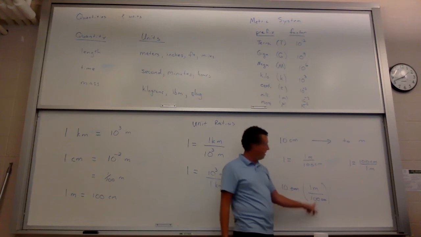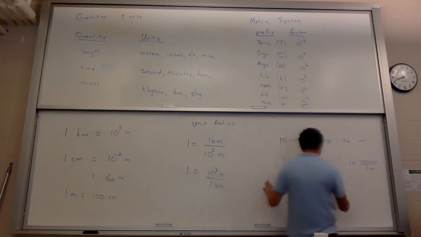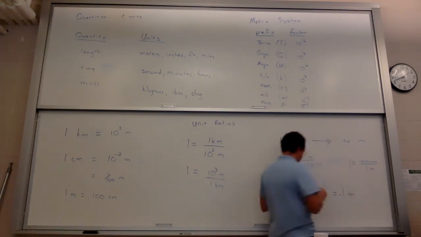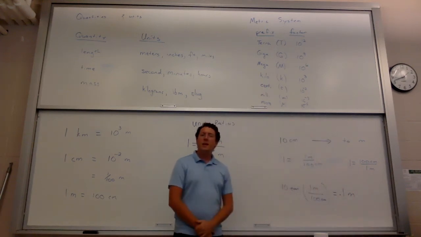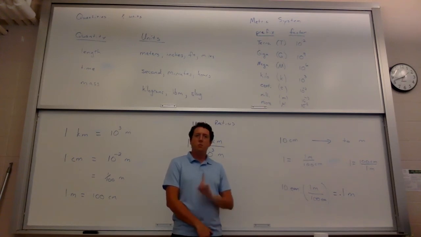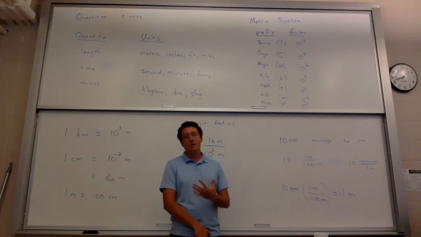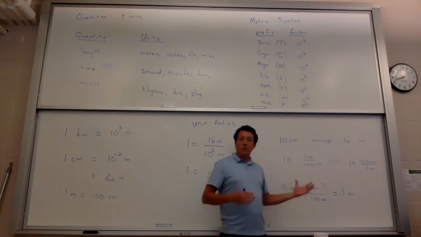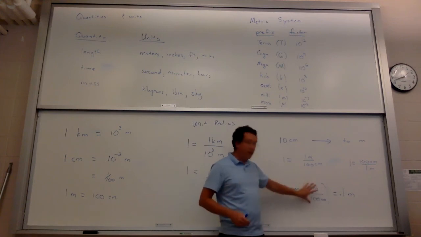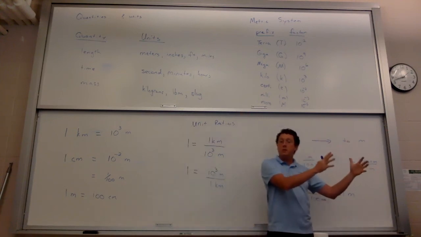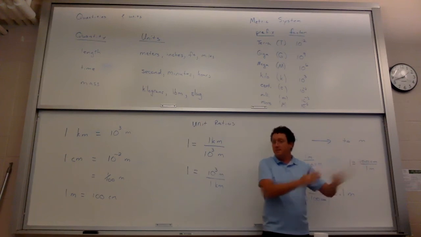So that's a tenth of a meter. And that makes sense, because if 100 centimeters is 1 meter, then 10 centimeters would be a tenth of a meter. So unit conversions are accomplished by multiplying by combinations of unit ratios to take the units you start with and convert to units that you wish you had been given.